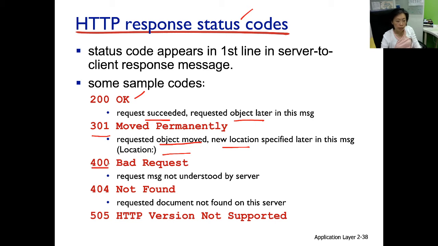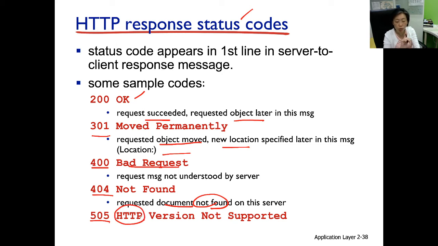If you see status code 400, that means your HTTP request format is not quite correct. Bad request. 404 means the object you're asking for is not found. 505, HTTP version not supported.